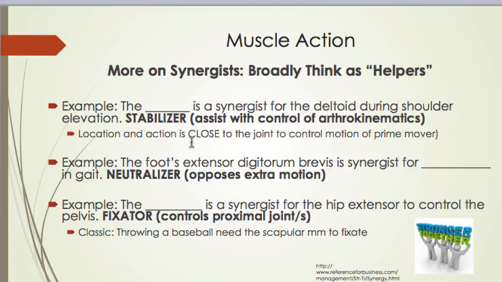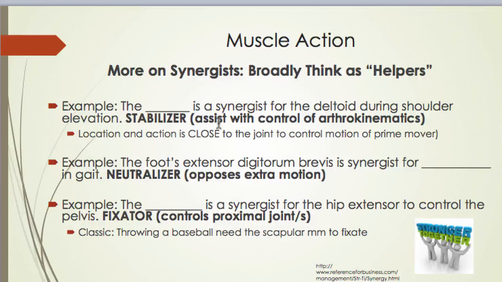So the stabilizer in this case is the rotator cuff. The rotator cuff is a synergist or helper for the deltoid during shoulder elevation. If we did not have the rotator cuff to drop the humeral head within the socket, then we could not raise our arm overhead because the deltoid would simply pull the humeral head up into the acromion arch and nothing would happen. So here, stabilizer, just remember, it's close to the joint and helps with control of the joint.